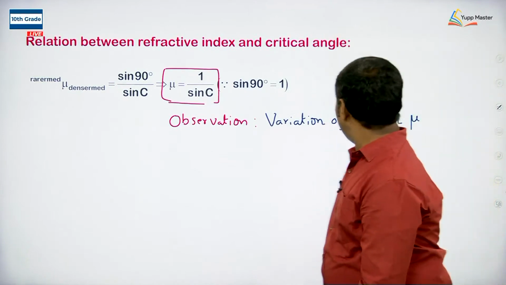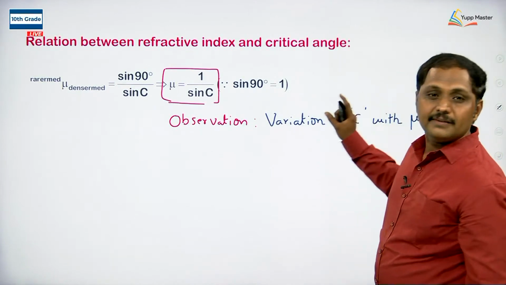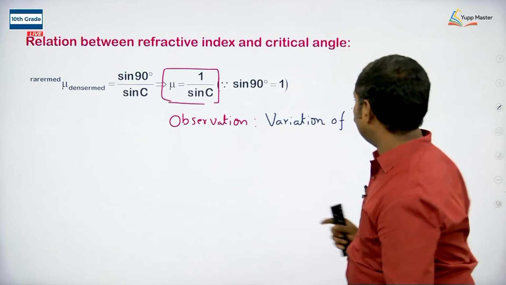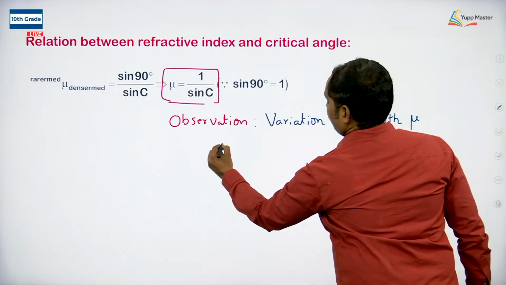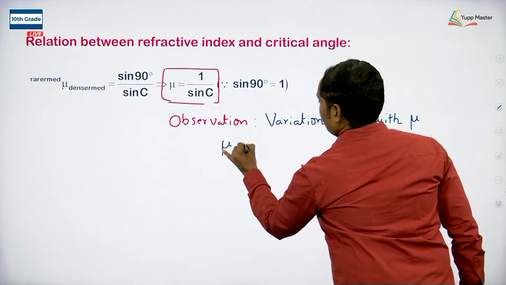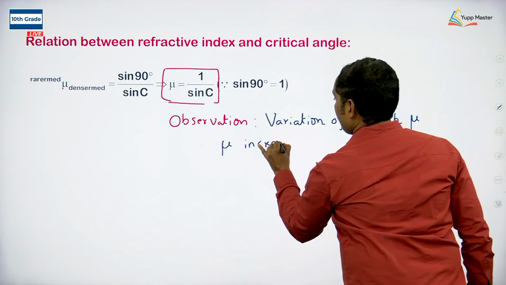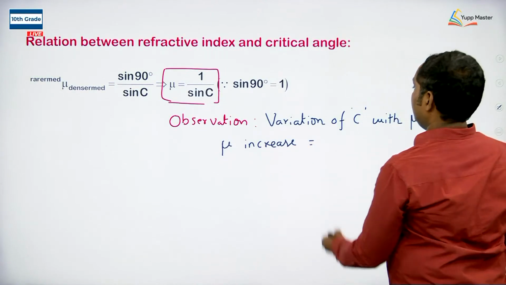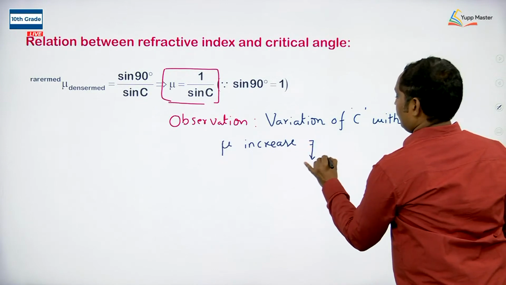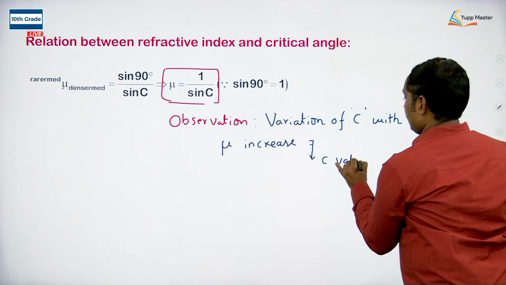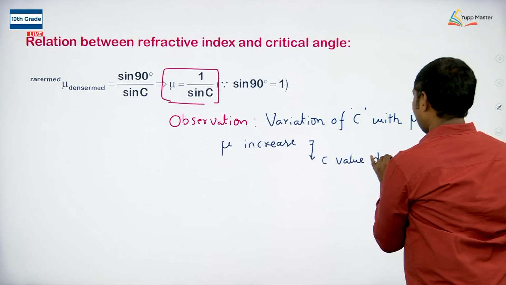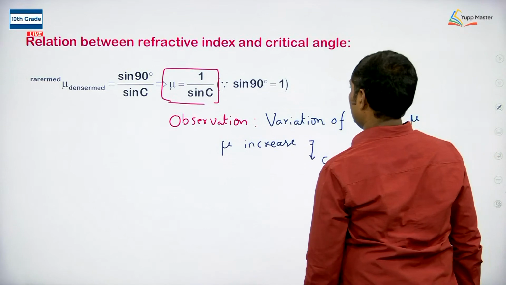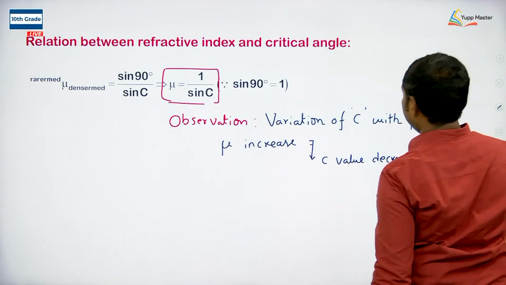The refractive index of a material is going to change. As mu increases, the C value decreases. Now, simply you will identify this relation.